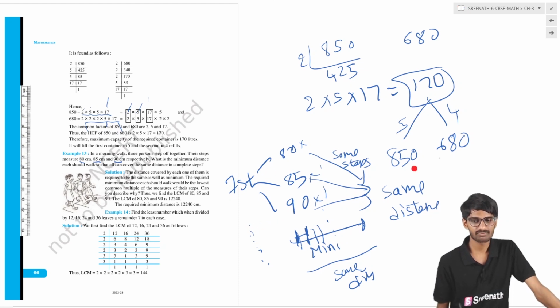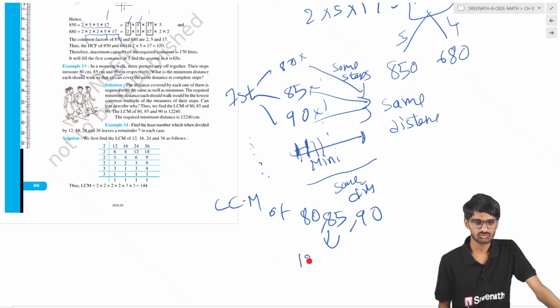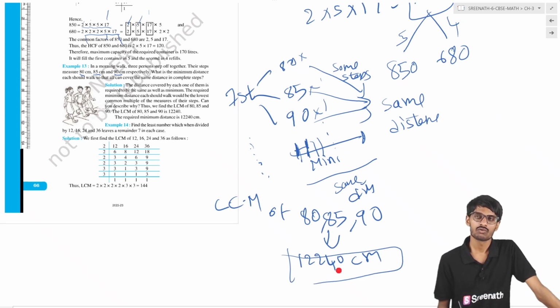The answer is the LCM of 80, 85, 90, which is 12,240 centimeters. So they have to travel 12,240 centimeters, so that they have the same distance.